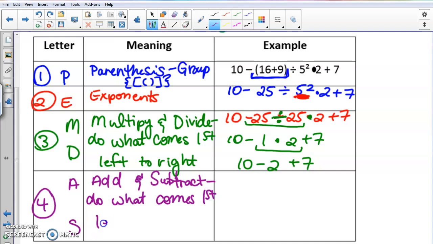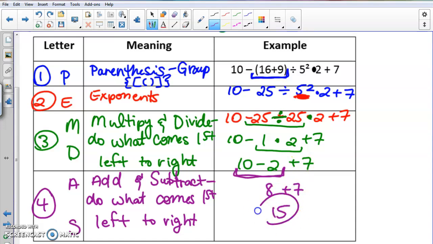Left to right. Okay. And once again, we have 10 minus 2 plus 7. And because that 10 minus 2 comes first, we do that first. 10 minus 2 is 8. Drop down our plus 7, and 8 plus 7 is 15. And we're set. Those are our steps to the order of operations, PEMDAS.